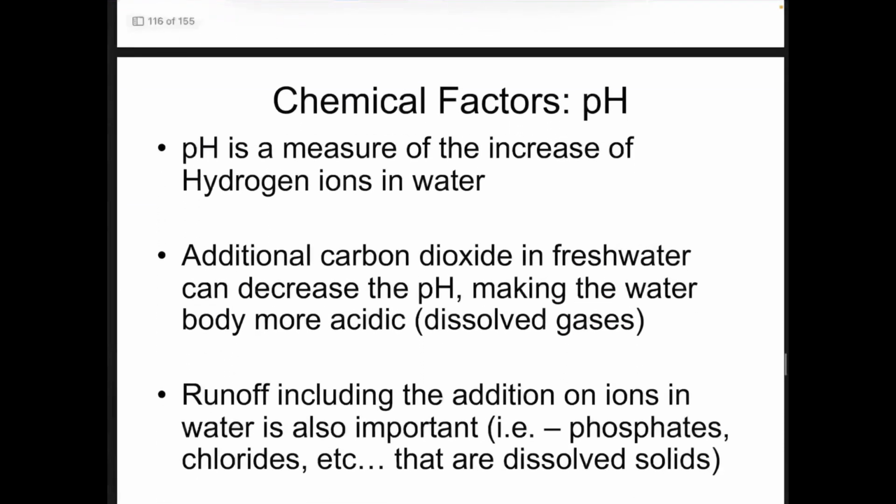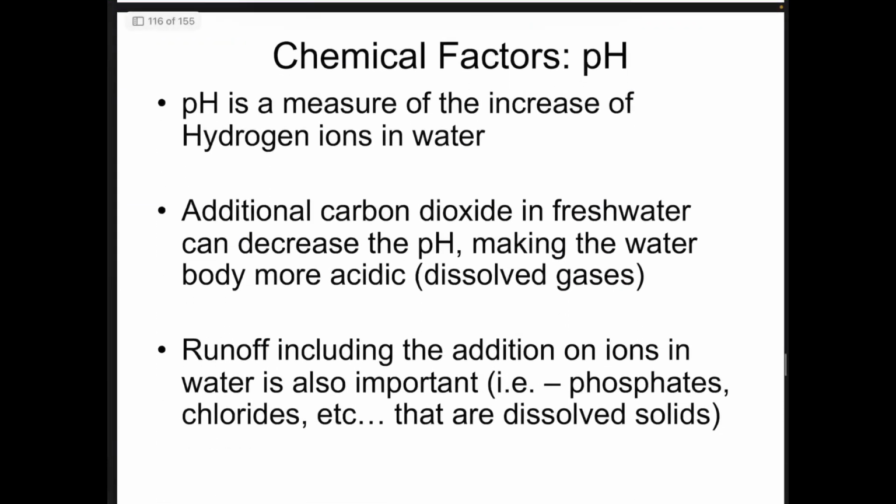So how about the chemical factors? First off, we have the pH. We know pH is the power of hydrogen. It is a measure of the increase of hydrogen ions in water. Additional carbon dioxide in fresh water can decrease the pH, making the water body more acidic.